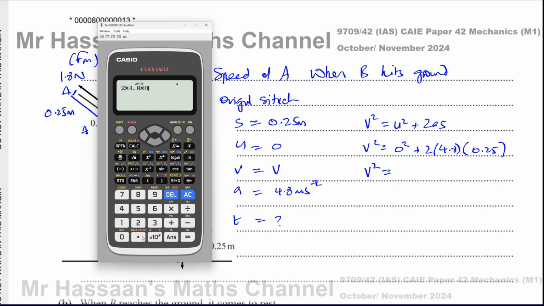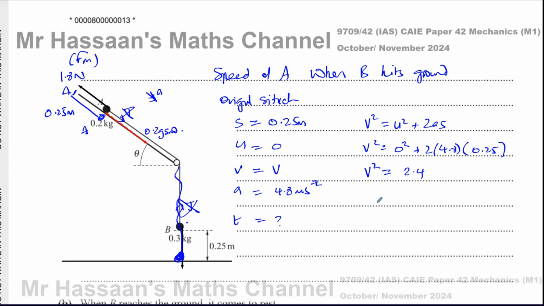That gives us 12 over 5, which is 2.4. So v is going to be the square root of 2.4. I'll leave it like this for now. I won't round it because we might need it. It's not a final answer. It's an exact form. So that's the speed of A as it reaches this point.